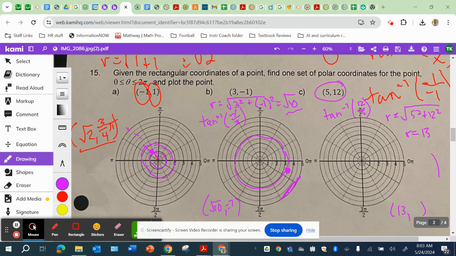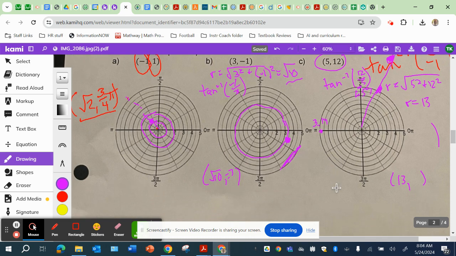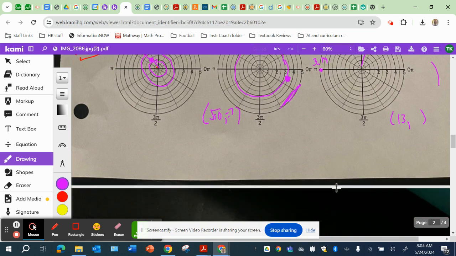So again, remember this is pi, so this is 3.14. This is half of pi, so it's 1.57. So 1.1 is somewhere in between here, like 0.8. So 1.1 is somewhere in this area, and then you'd have to plot it all the way out here at 13, because that is the radius. I haven't plotted those coordinates for a while. You might double check on the plotting, but that's how you find the point.